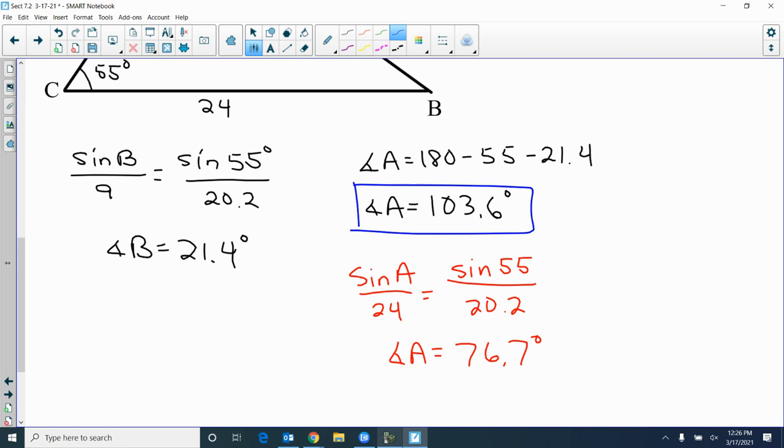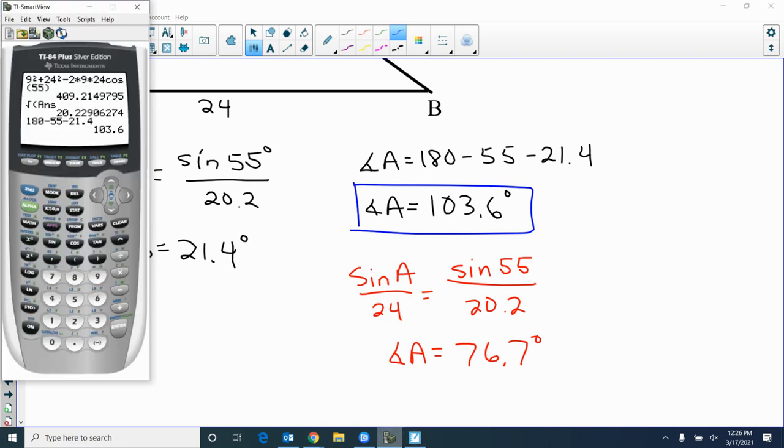When you do inverse sine on your calculator, say inverse sine of 0.5, it's going to give us 30. Is there another angle that also has a sine of 1/2? Yes, 150. So it's 30 and 150.